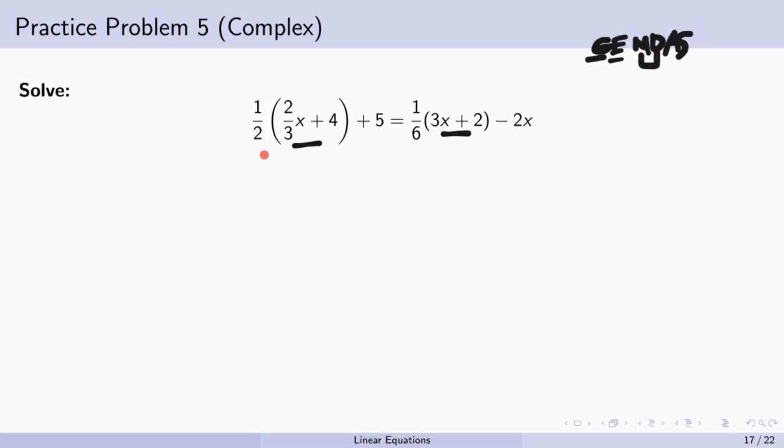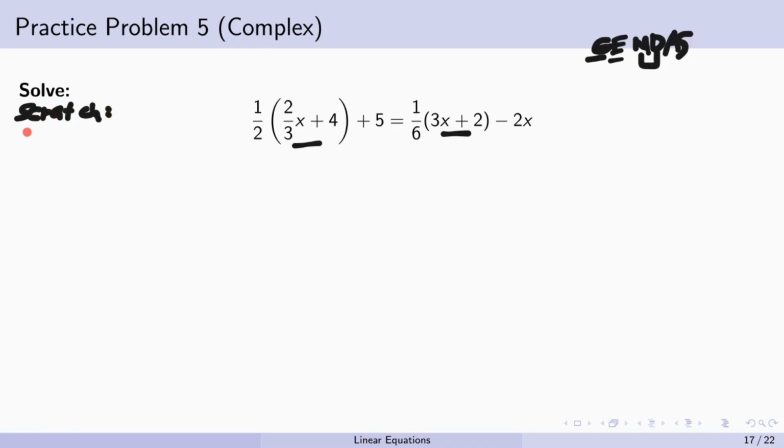In this case, we have 1/2 multiplied to this quantity, therefore we can distribute it. Also, 1/6 multiplied to this quantity is also multiplication. So we can start by expanding that. So let's use this part as our scratch for solutions.